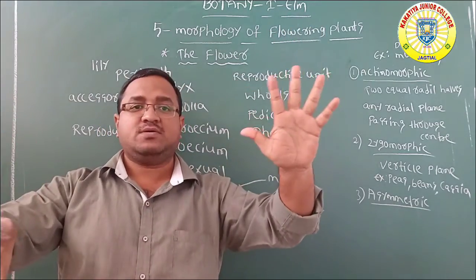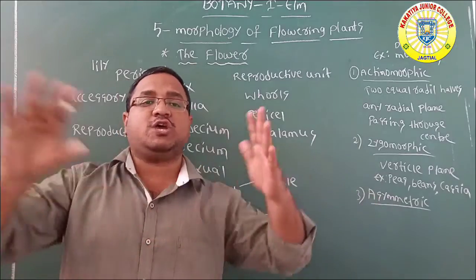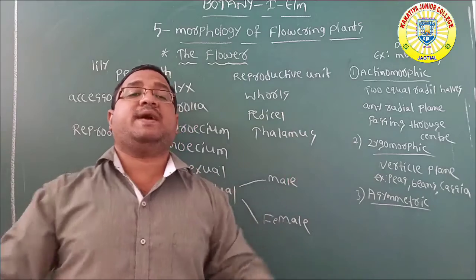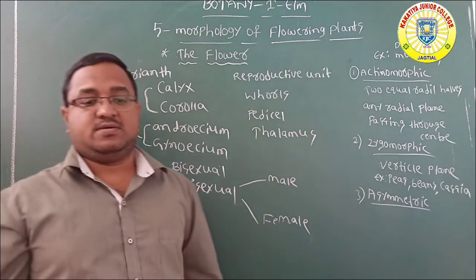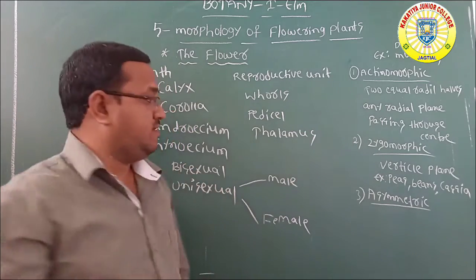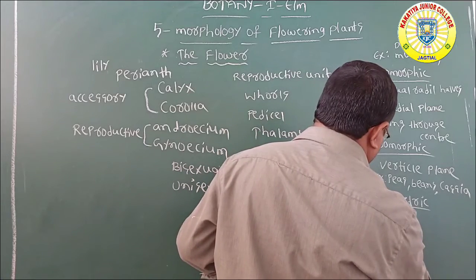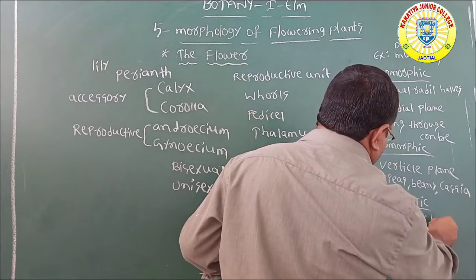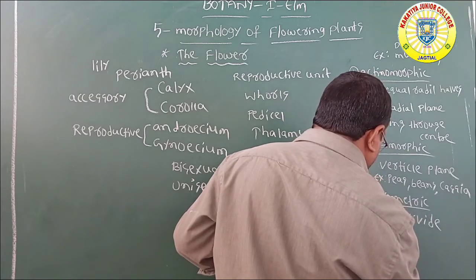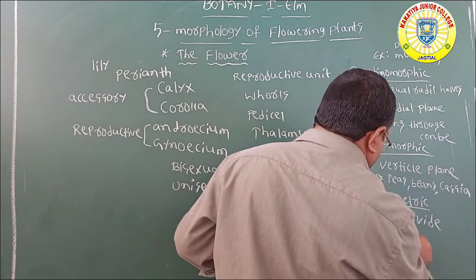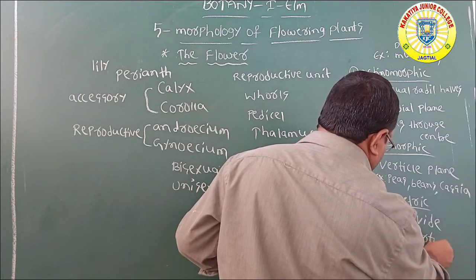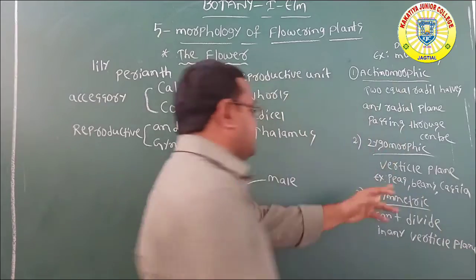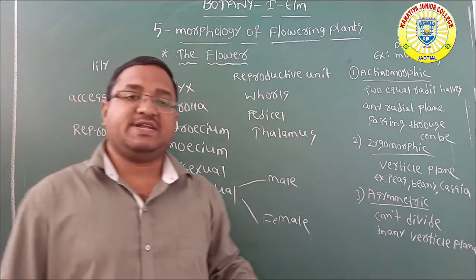It is not possible to divide the flower into two equal halves in any vertical plane. That is asymmetric.